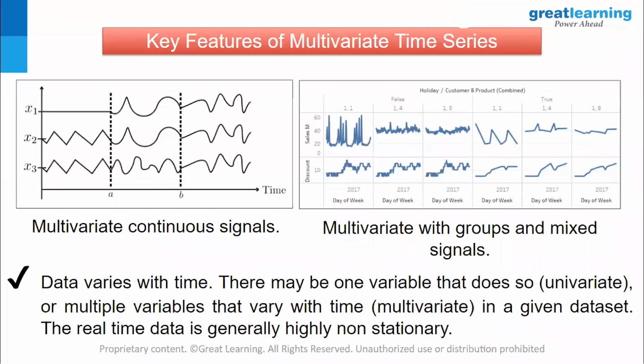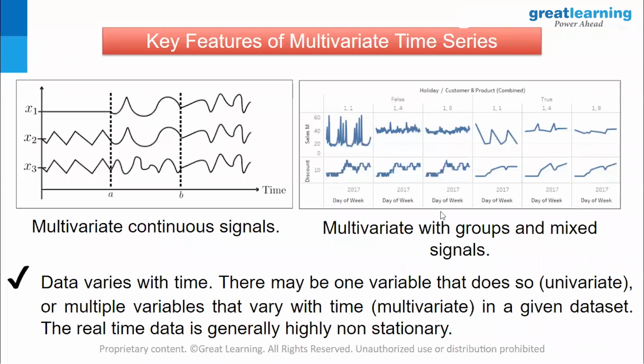These types of time series are also very common, where the data is of mixed type, categorical as well as continuous. Sales will be continuous, and product, customer, or items will be categorical. Most of the time we run into these two types of time series.